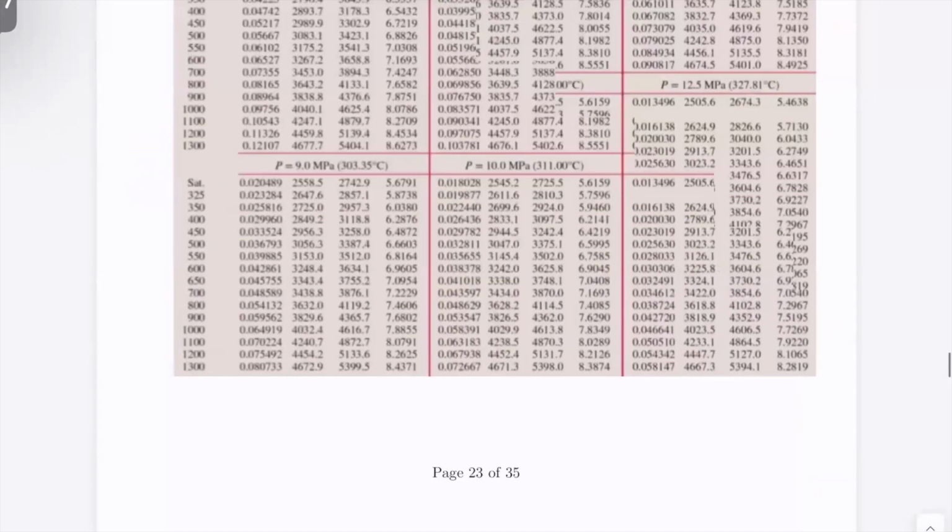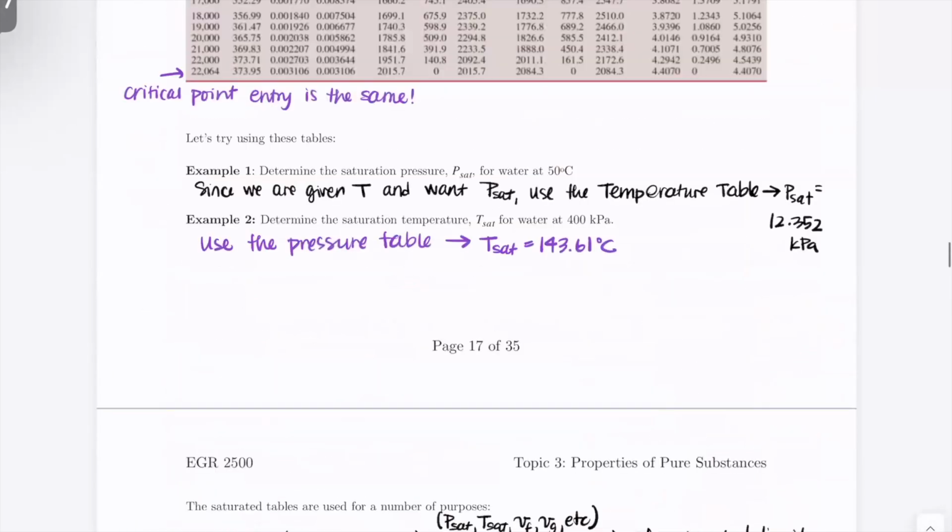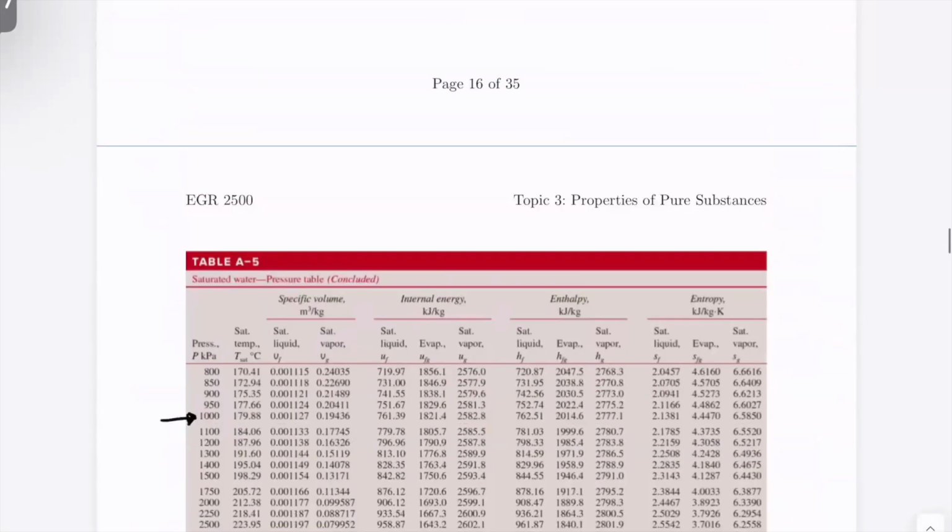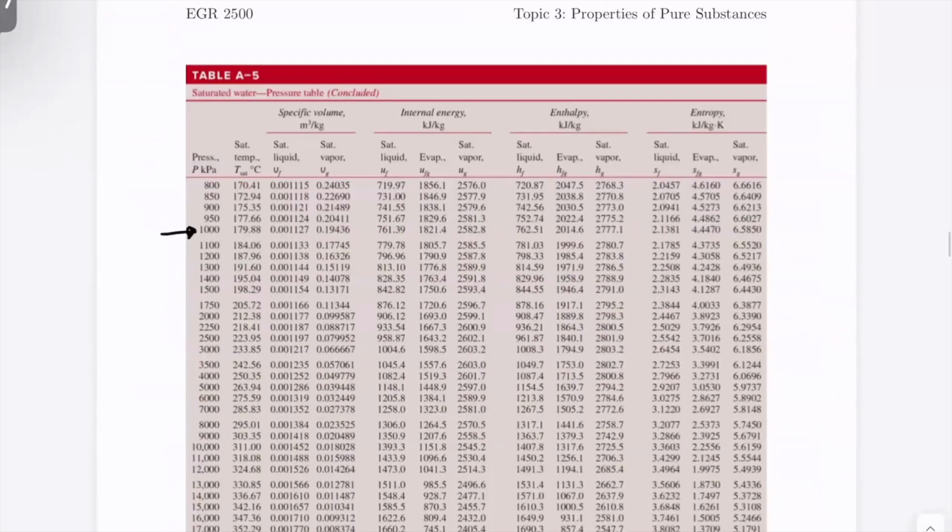Okay, so all the way back to, here's our pressure table. And we're at 1 MPa. So let's look at now UF and UG. All right, so I've got 761.39 on the left-hand side and then 2582.8 on the right-hand side.